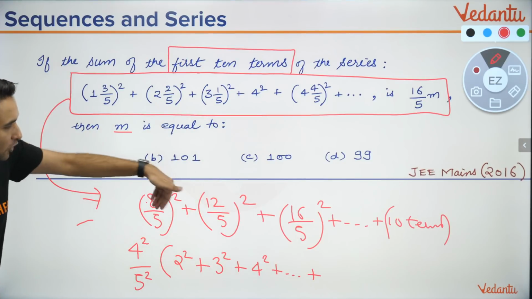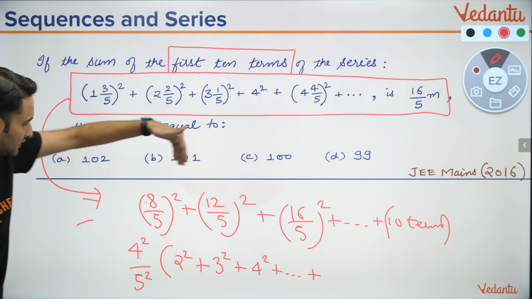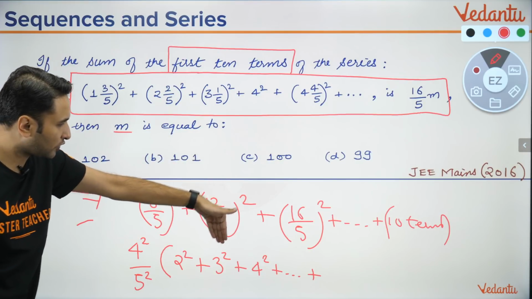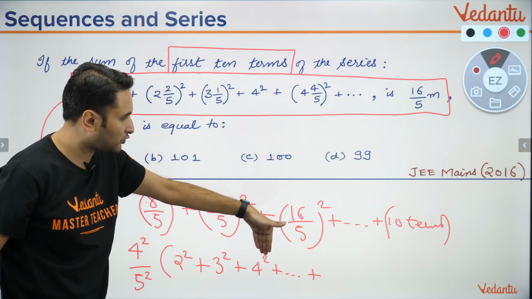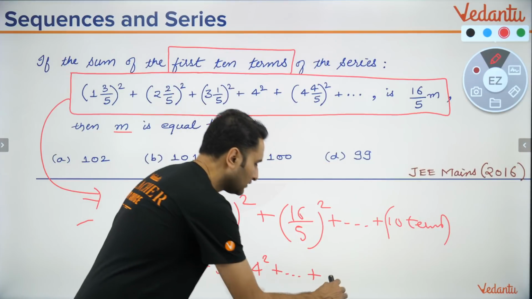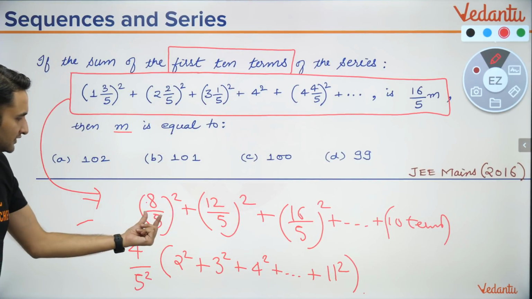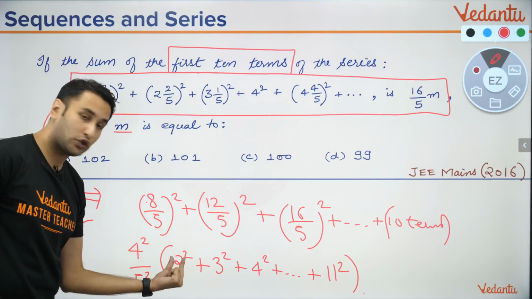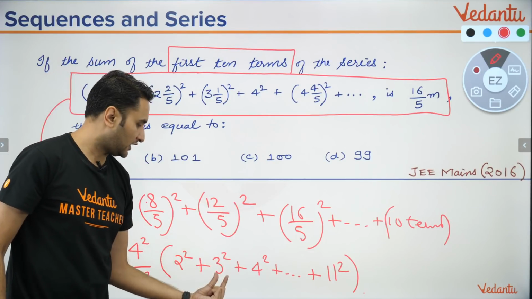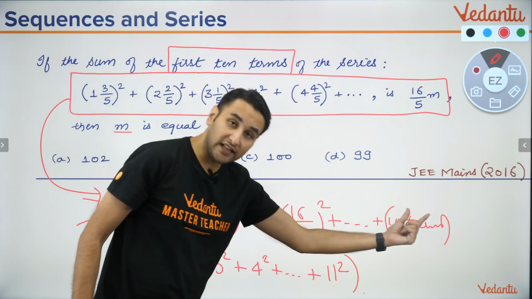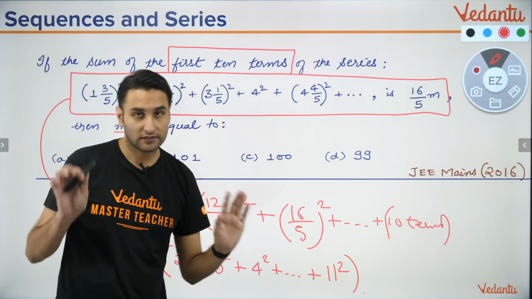So how many terms are there? 10 terms. In the first term 2 square, second term 3 square, third term 4 square, up to the 10th term. Agree? So first term में आ रहा है 2, second term 3, third term 4, 10th term 11. यहां तक समझ में आ गया?